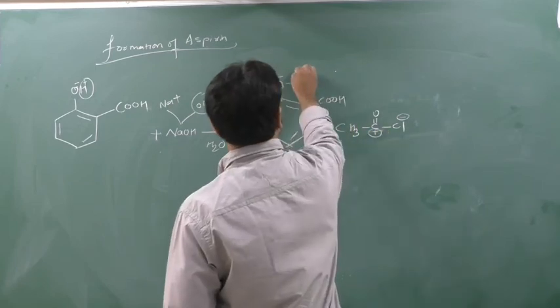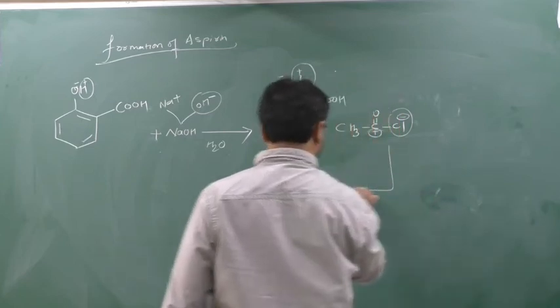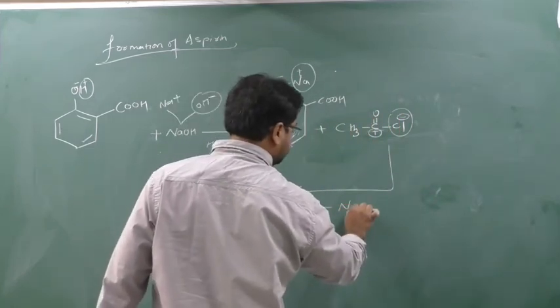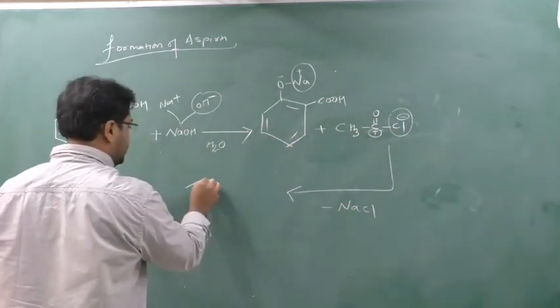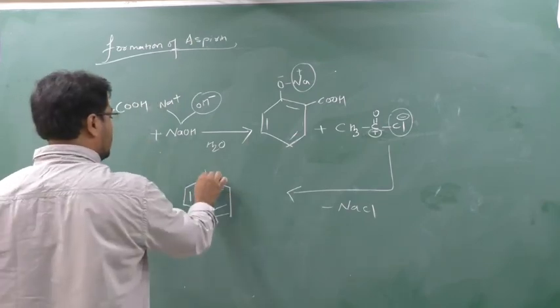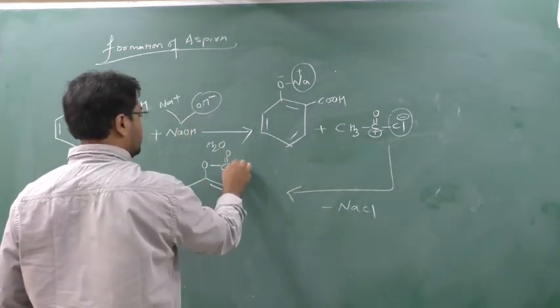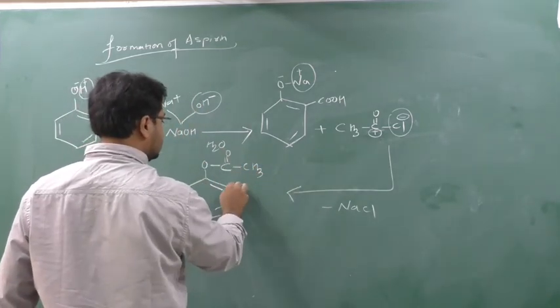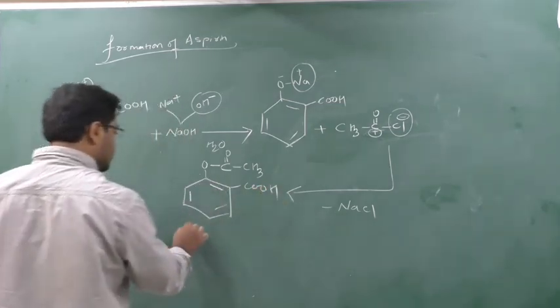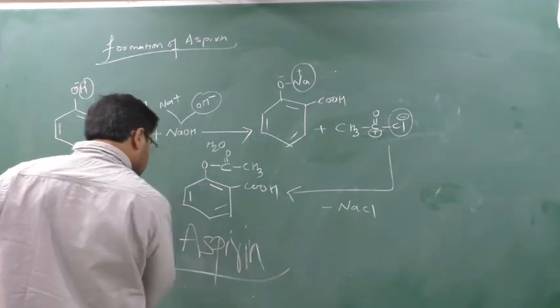So this Na plus and Cl minus will react to form NaCl. This O minus will react with this carbon having the double bond O and CH3, and this is COOH. This is nothing but your aspirin.